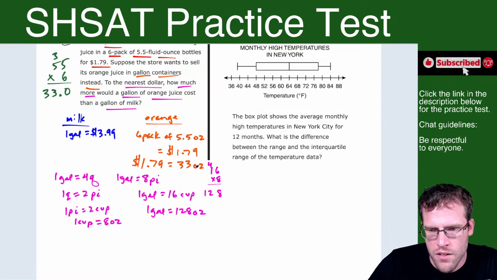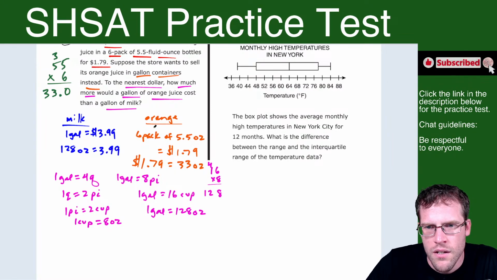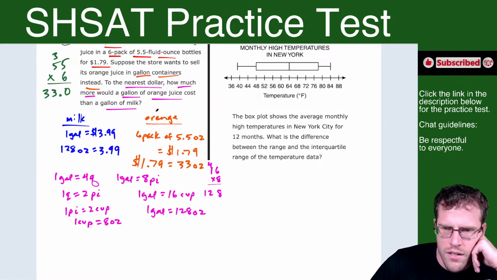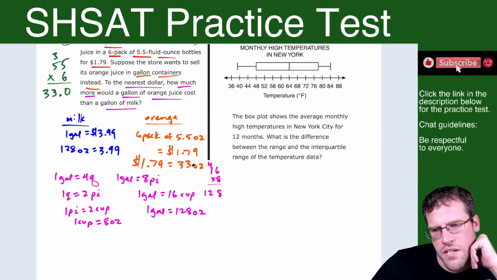And we said a gallon is 128 ounces. So milk is 128 ounces for $3.99. Oh, okay. So then this one here, we would just have to get this up to a gallon.